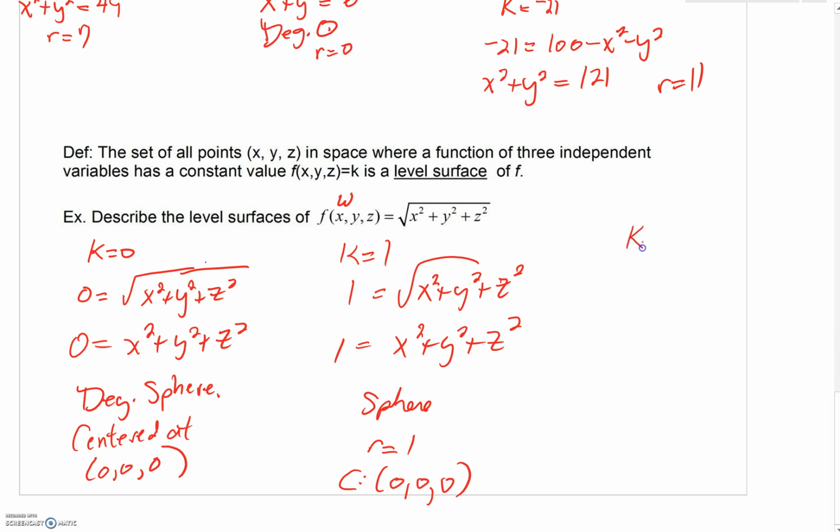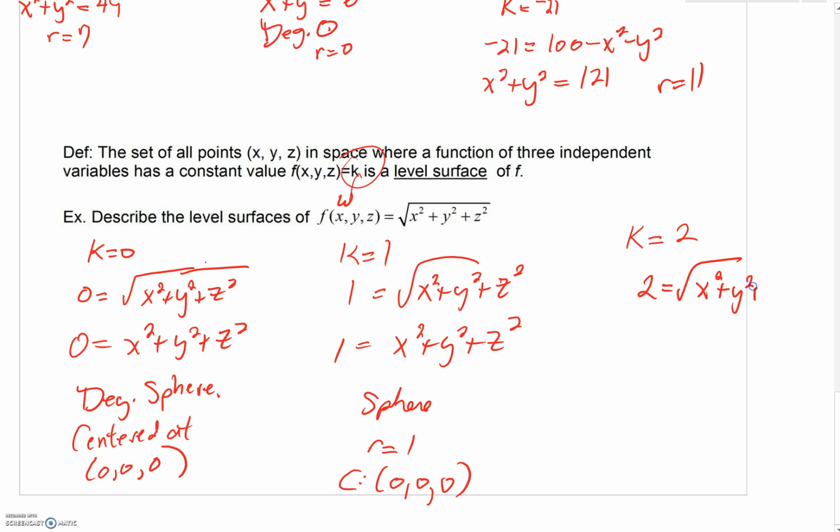It's at least allowing us to get an idea of what could happen with this function. We could say, what's our x, y, and z looking like when w, or in this case, saying k equal to our function, is a particular value, like a constant. Here's our last part.